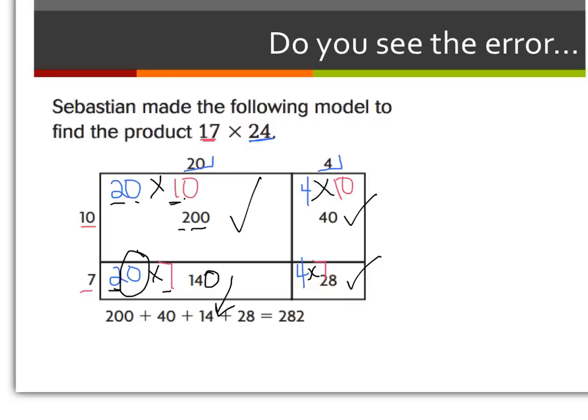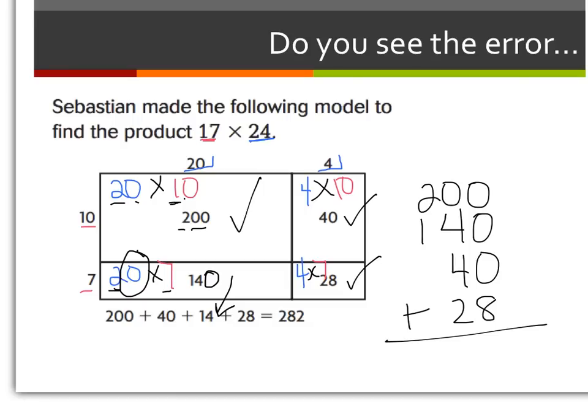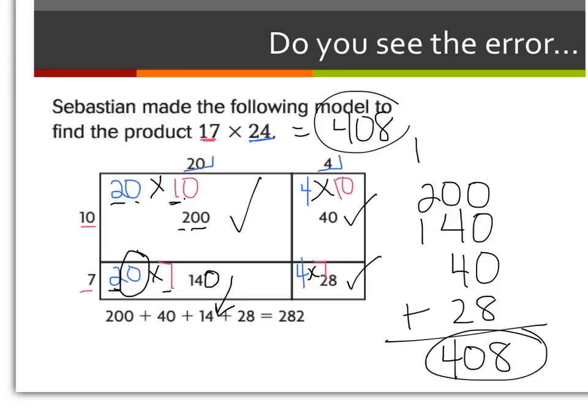The final answer for this problem would be 200 plus 140 plus 40 plus 28. 8, and then 4 and 4 and 2 is 10, and then 2 and 1 is 4. So 17 times 24 should equal 408.